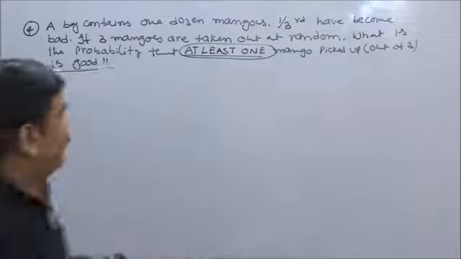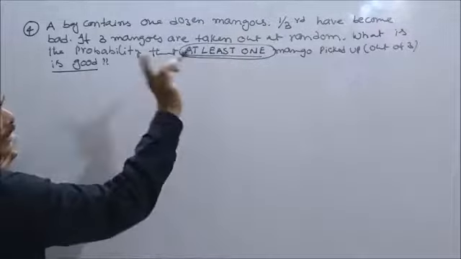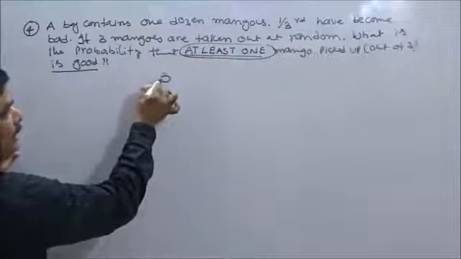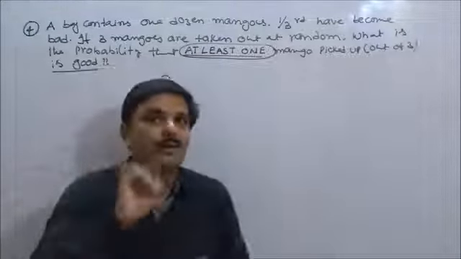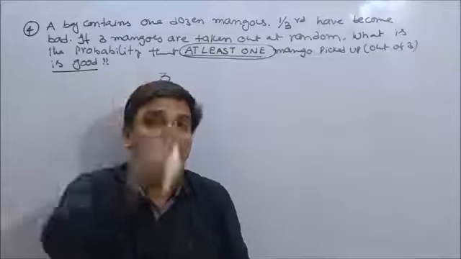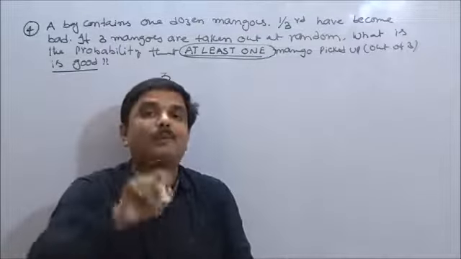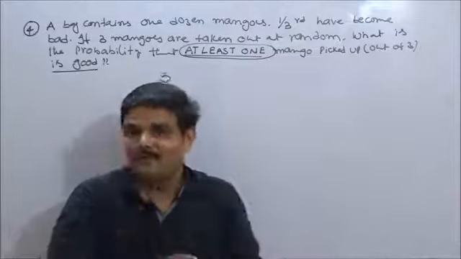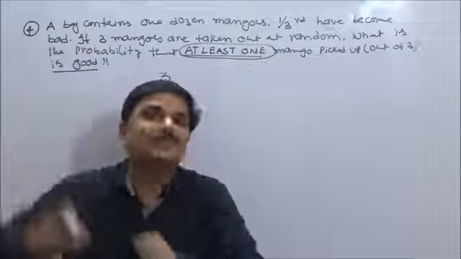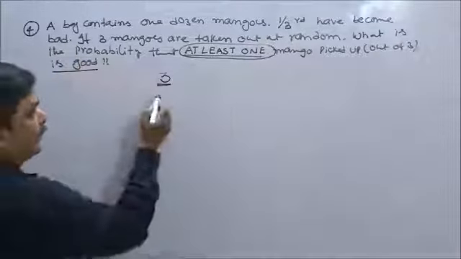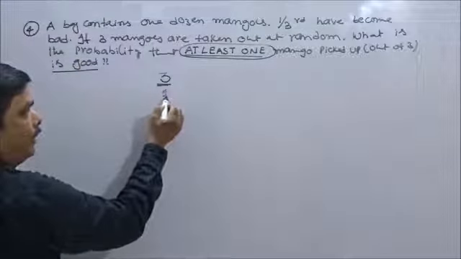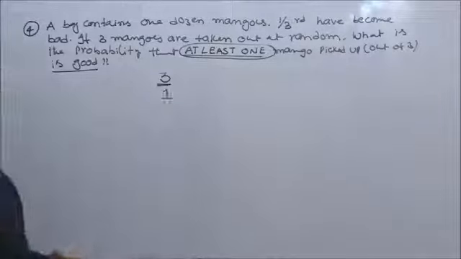What's the comprehensive way here, students? Total 3 mangoes are taken out. At least 1 should be good. What do you mean by at least 1 good? In the first class we have done, and even in permutation combination also we have done this type of questions. It is a little extension of that one. At least 1 good means 1 or more than 1 should be good out of 3.